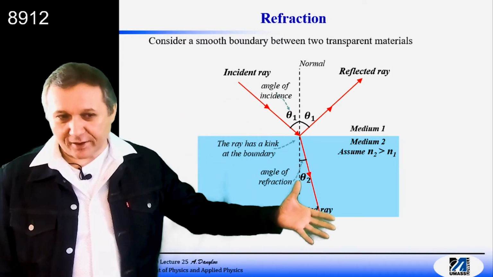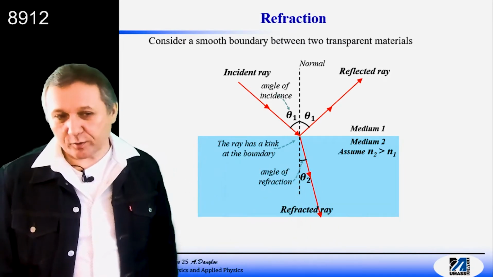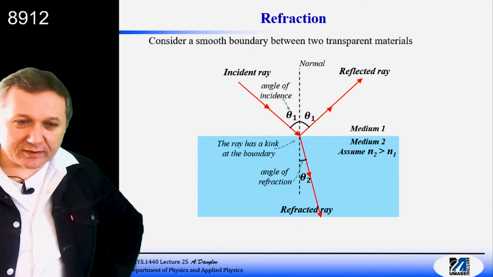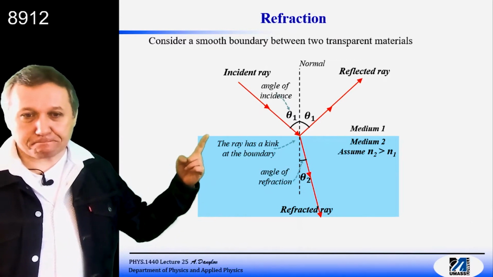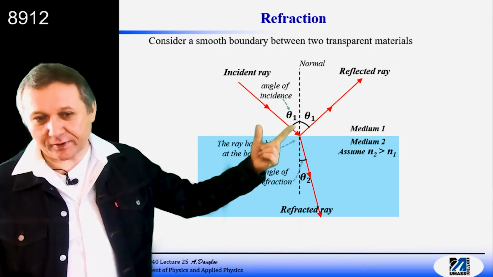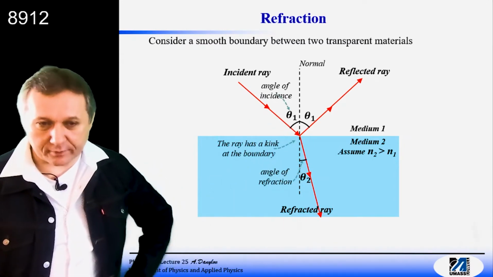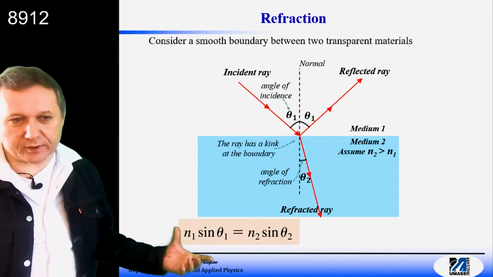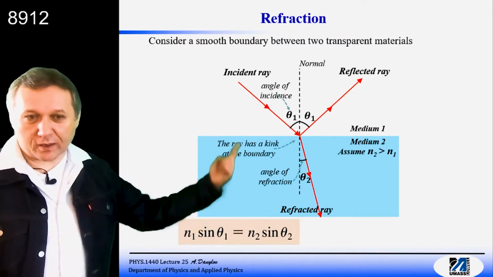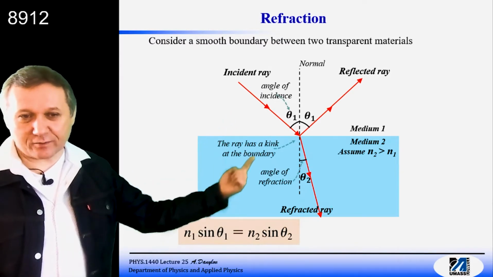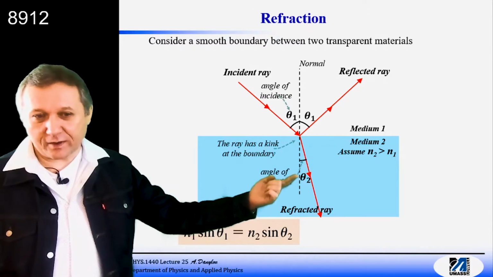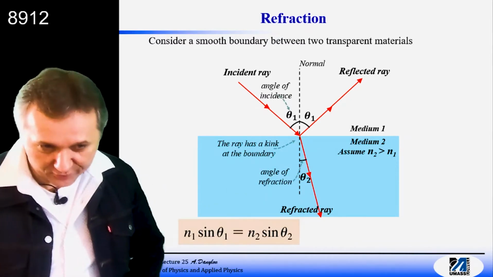Now, to describe this refracted ray, we can use Snell's law, which connects the indices of refraction with the angle of incidence and the angle of refraction. Most of you are familiar with this law: n1 times sine of the angle of incidence equals n2 times sine of the angle of refraction.